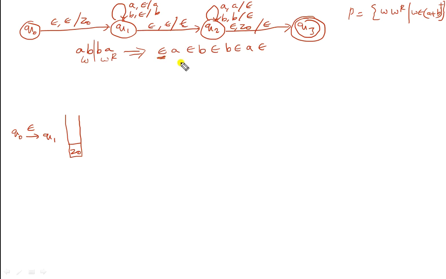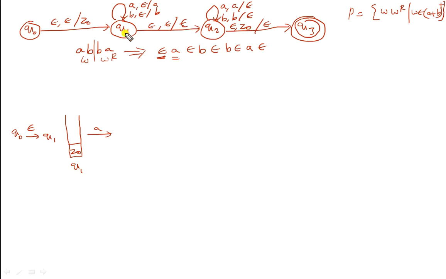So after that, what is the symbol? After that, there is a symbol A. Okay. So now let us perform the transition on the input symbol A. If you perform the transition on the input symbol A, here you can see we are at state Q1.